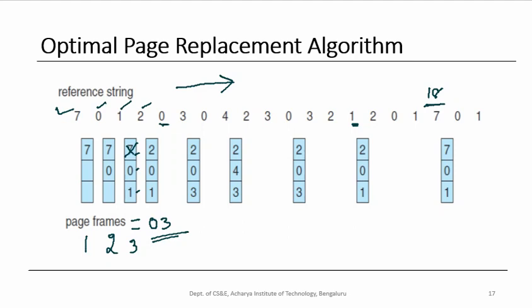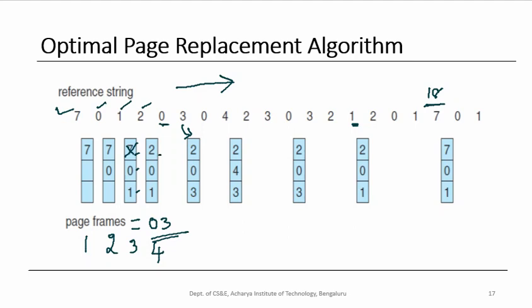Okay, next, so there is a page fault. Next there is a request for 0, but 0 is already there in the main memory. Then there is a request for page 3. There is no frame left in the main memory, so we are left with no option but to replace one of the pages. Now which page to select? Look at the pages which are there in the memory.